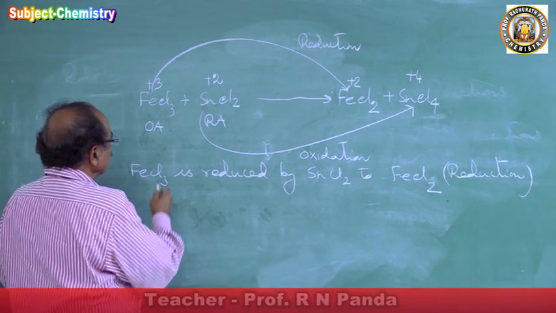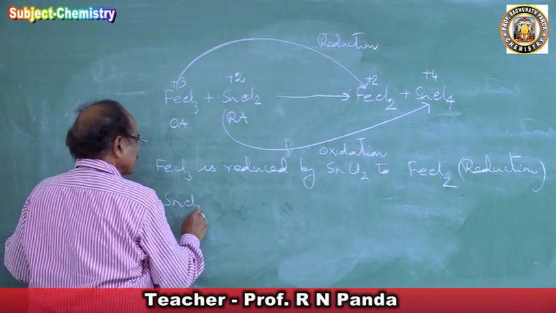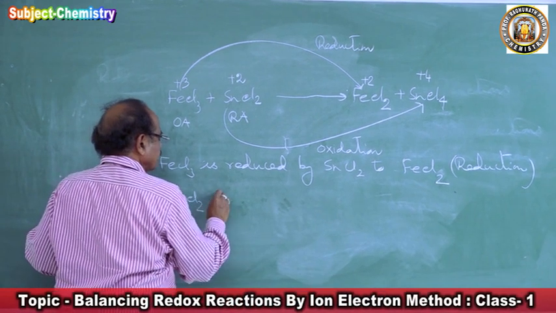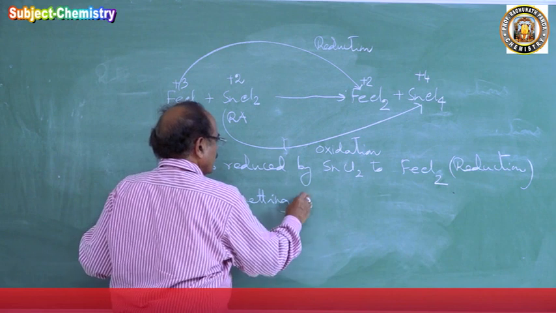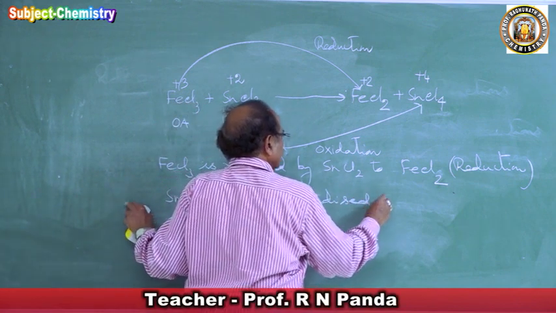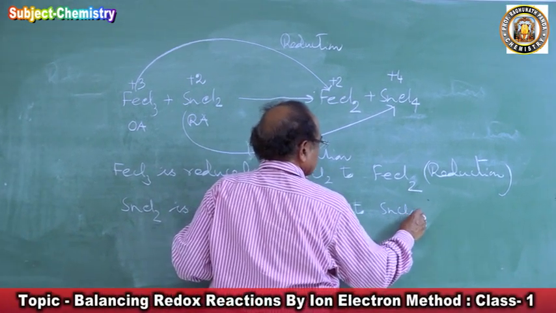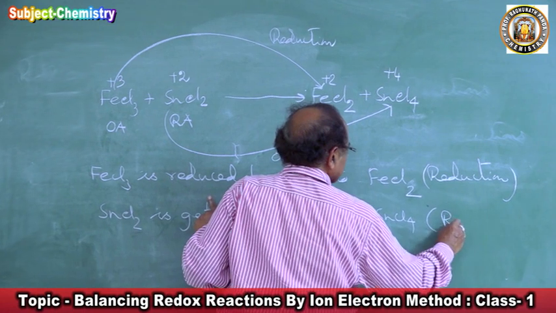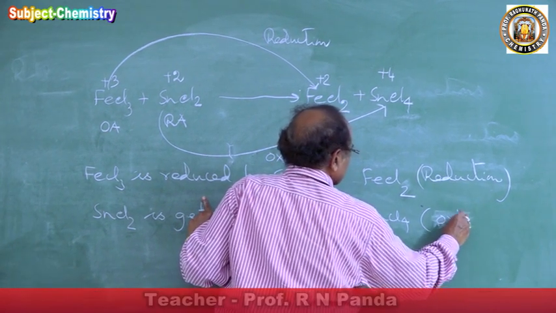So what happens to stannous chloride? Stannous chloride is getting oxidized to stannic chloride. So this reaction is oxidation.